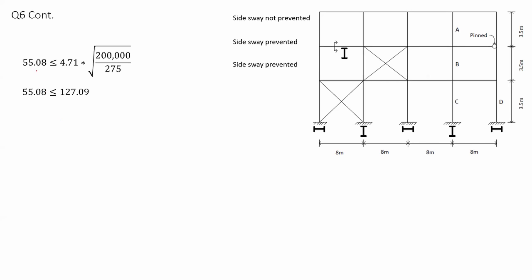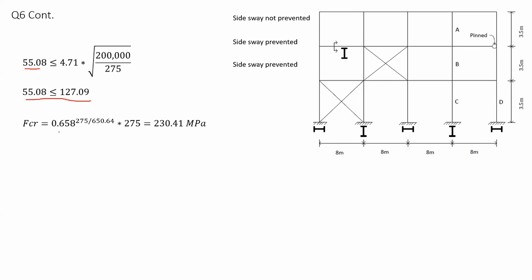So for the KL over r value, it is 55.08. We check if it's bigger than or less than 4.71 multiplied by the square root of E divided by Fy. Based on that, it seems that the KL over r value is less than 127.09.